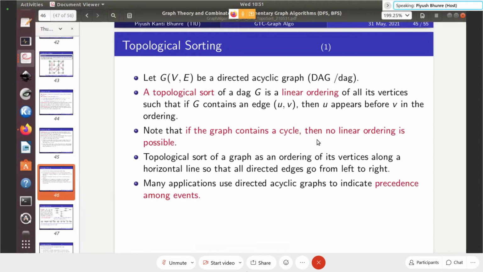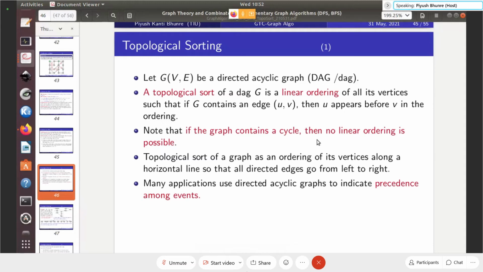We look for such an ordering, arranged in a line, such that there is an edge from vertex u to v when u appears before v. So in the ordering, if u appears before v, then there can be a directed edge from u to v, but there cannot be an edge from v to u in the reverse way.